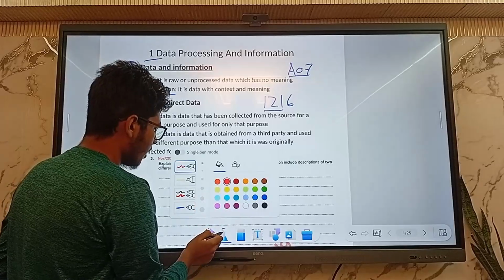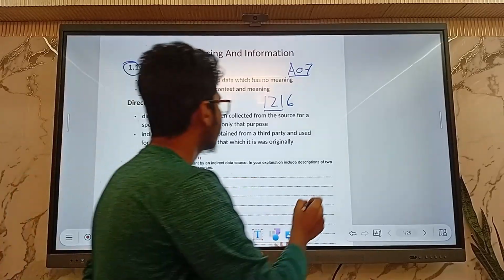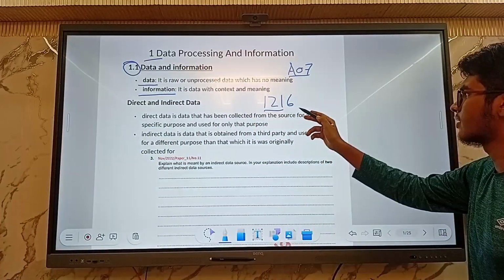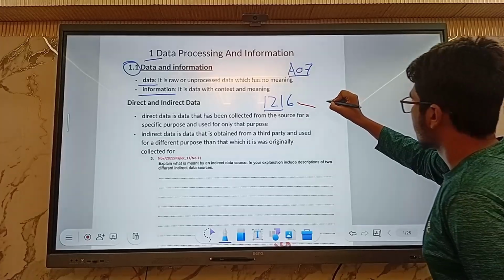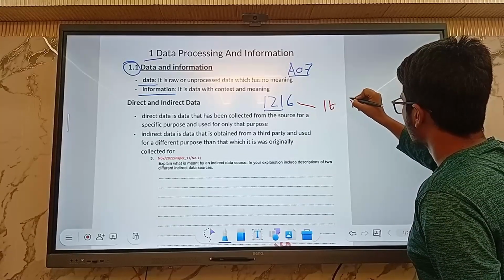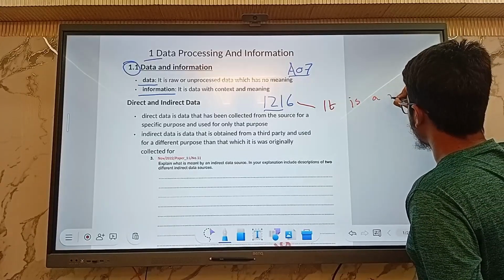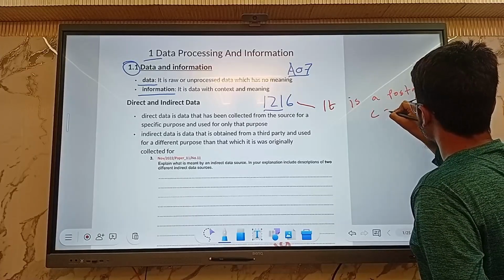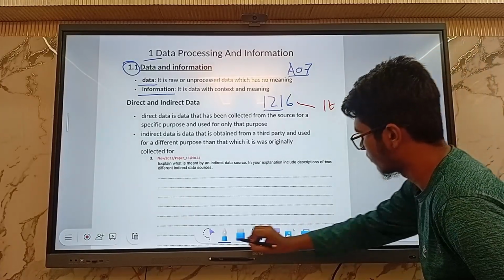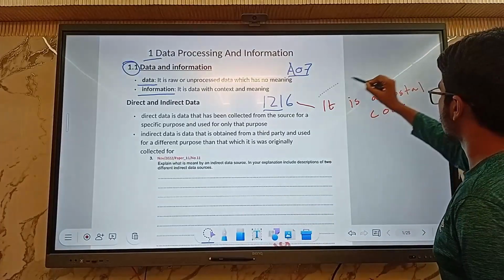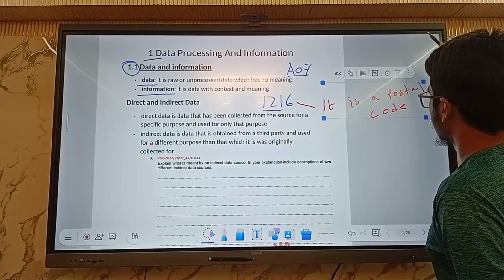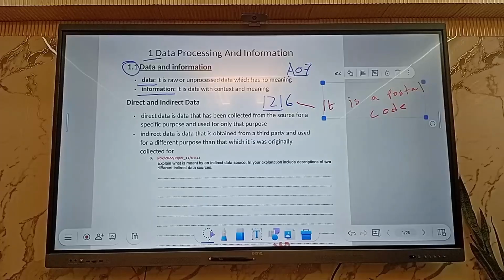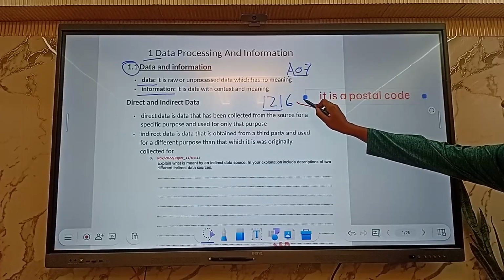So what if I say that this 1216 right here is a postal code. Now what I'm going to do is this. It is a postal code.